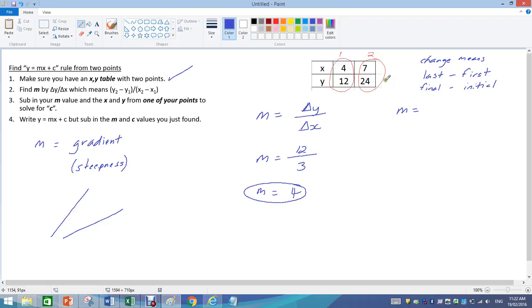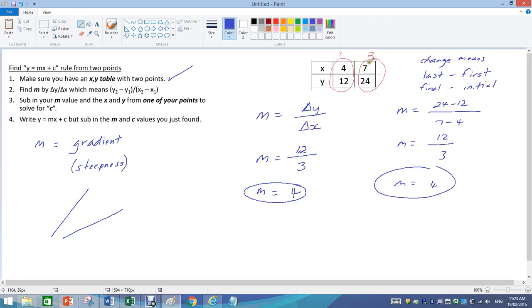So if we do the last take away the first, so that's what change means. So if we do the last y, take away the first, so 24 take 12, divided by the last x, take away the first x, so that's 7 take away 4. Which is 24 take 12, that's 12, 7 take 4 is 3, and 12 on 3 is 4. So see how we got the same answer.